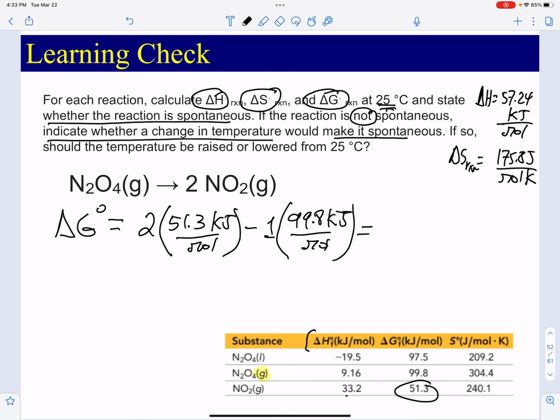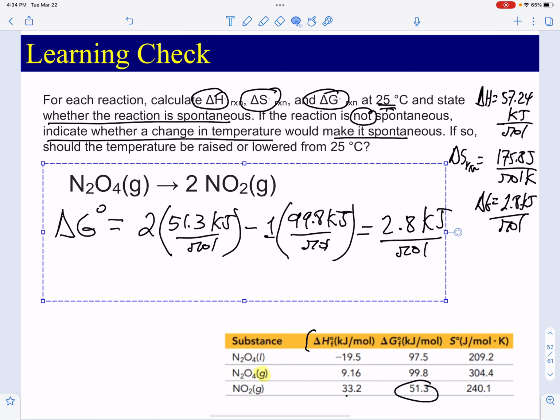So our delta G is going to be 2 times 51.3 minus 99.8, which is going to be 2.8 kilojoules per mole. So delta G is going to be 2.8 kilojoules per mole.